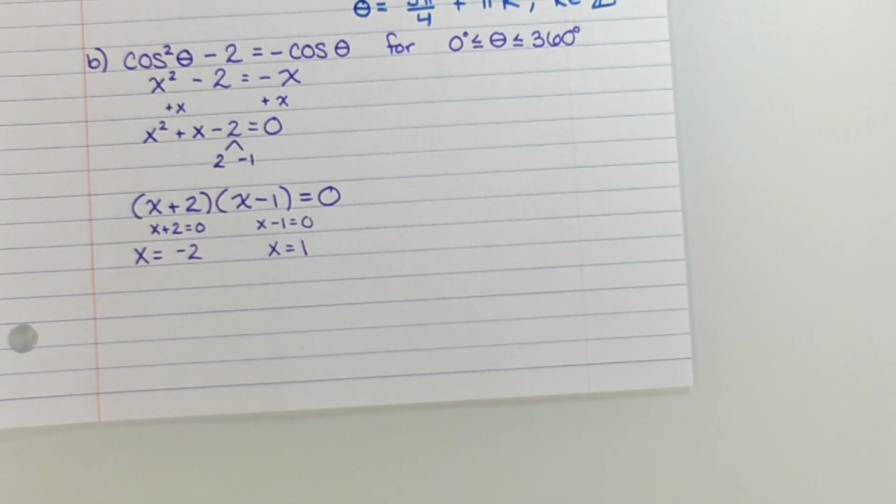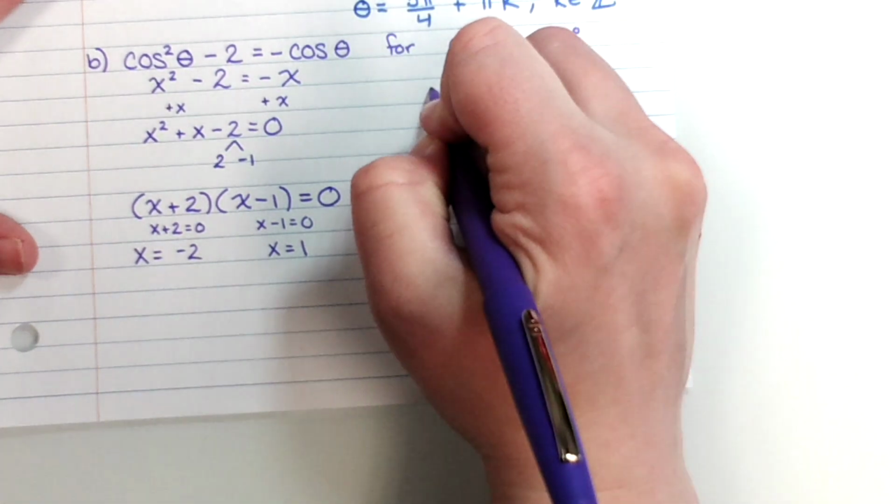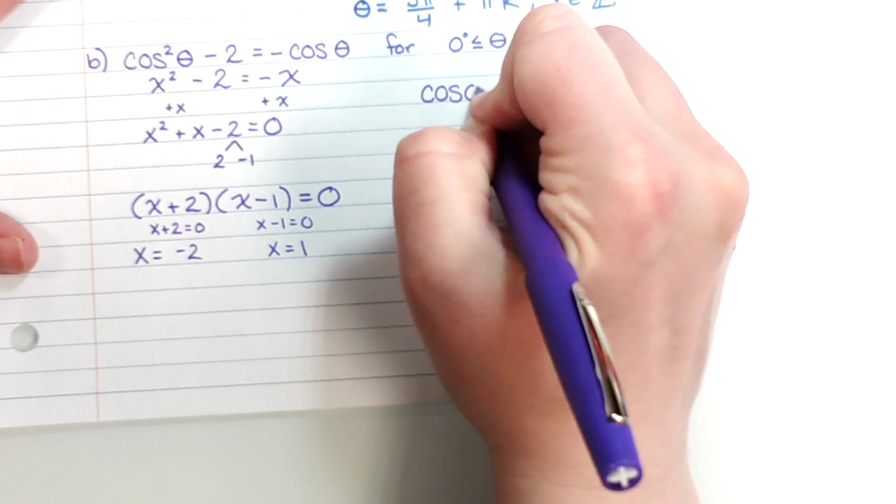But remember, it wasn't x. X was a placeholder to help us. By the way, you don't actually have to change to x's. If factoring, when it stays a cosine, makes sense to you, go ahead and do that. X was a placeholder, in this case, for cosine.